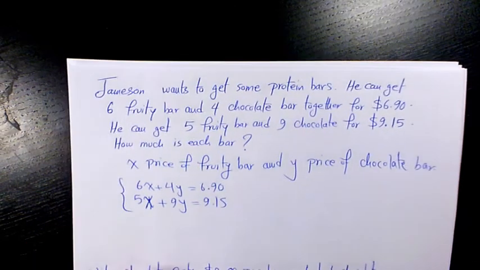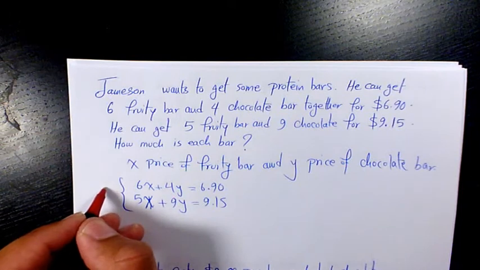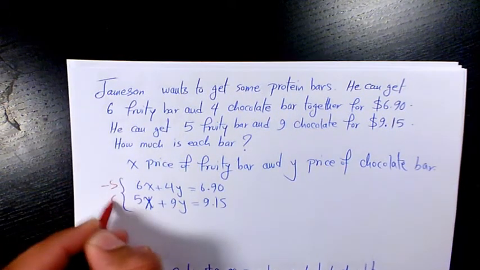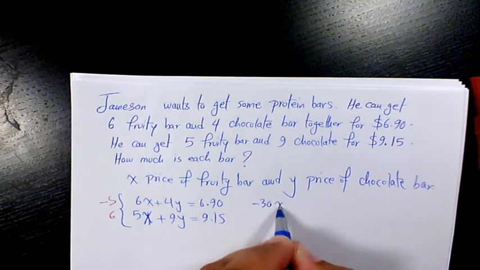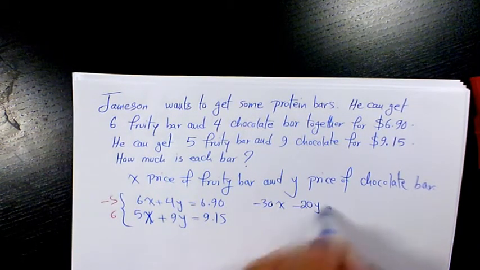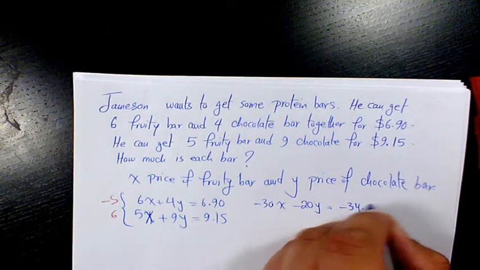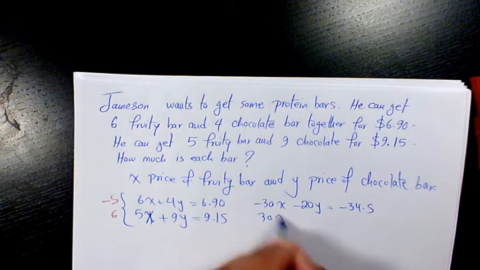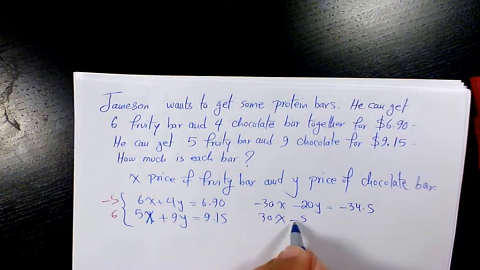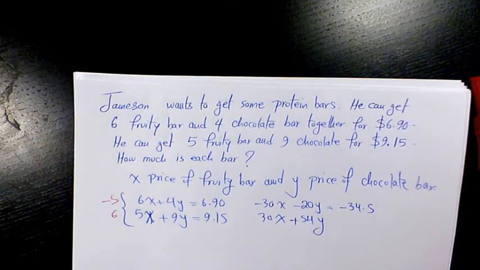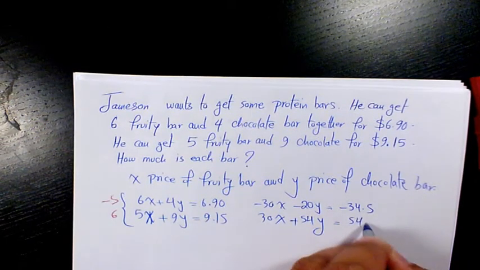So I'm going to use elimination method. Let's multiply this one by negative 5 and this one by 6. So it's going to be negative 30x minus 20y, 6.90 times negative 5 is going to be negative 34.5, and here we have 30x plus 54y equals $9.15 times 6, 54.9.